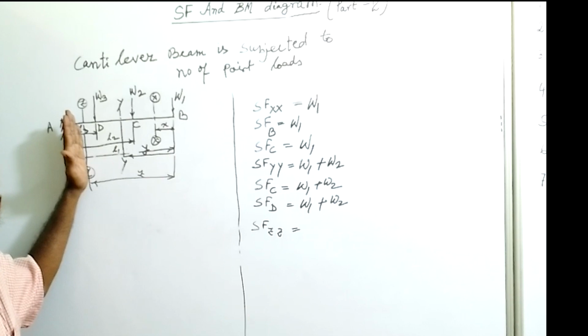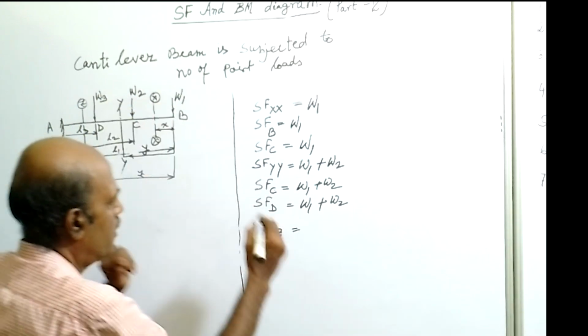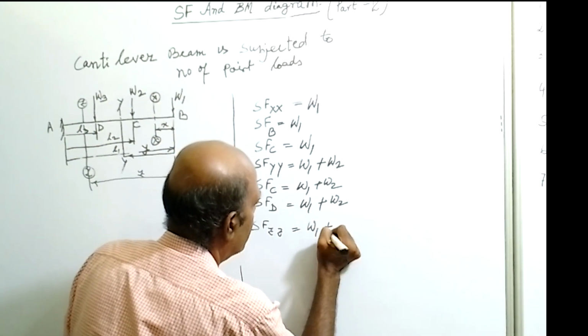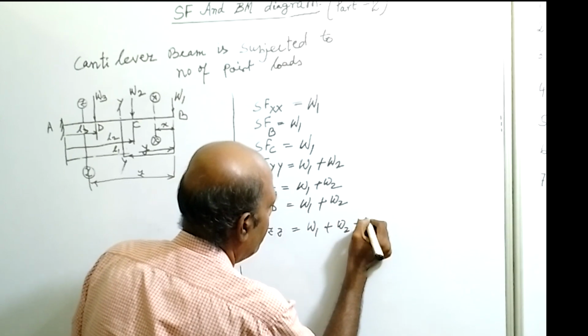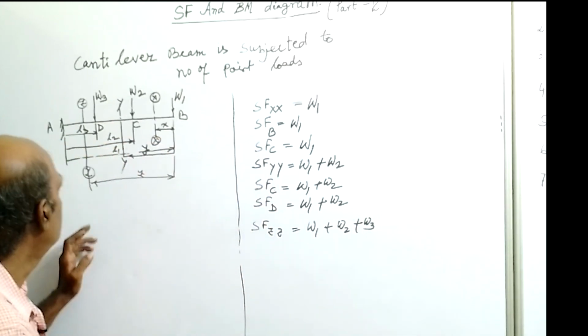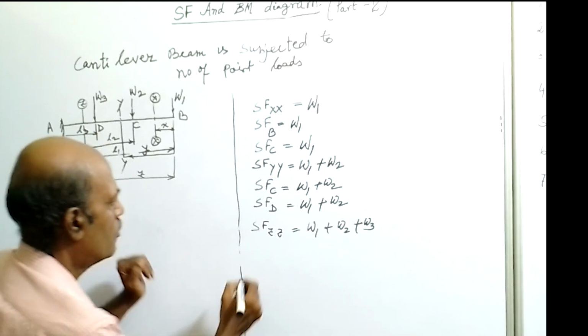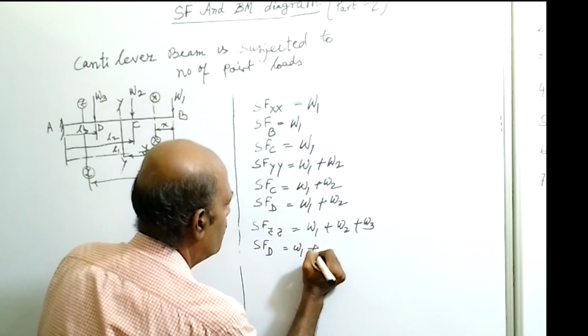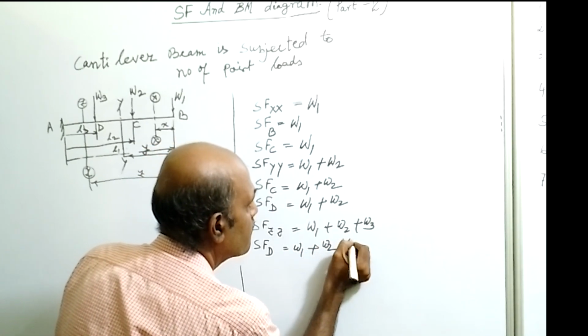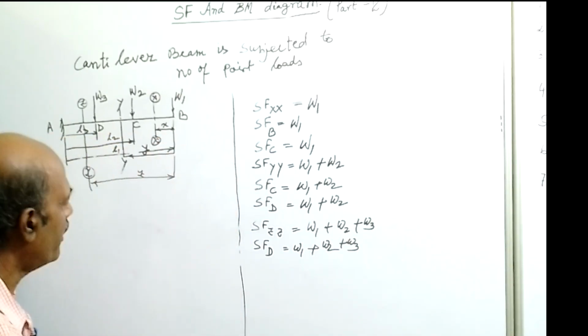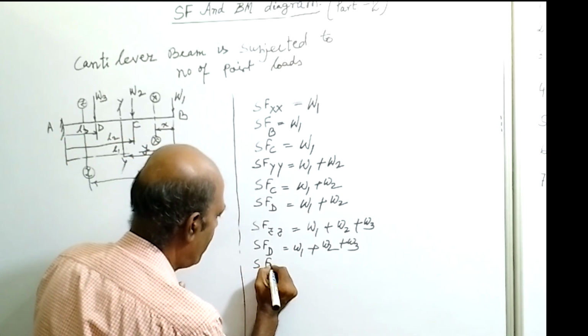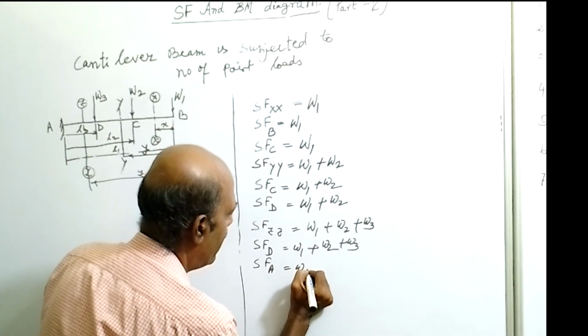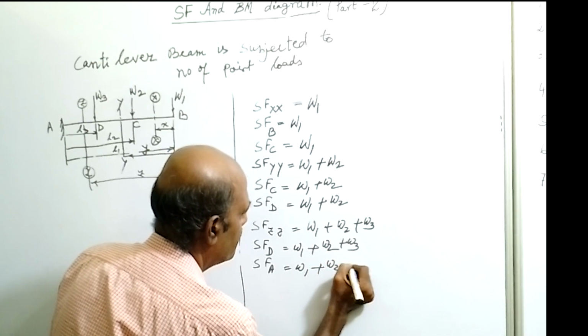It is the algebraic sum of all vertical loads acting to the right side of section ZZ, so that is W1 plus W2 plus W3. Now slide the section to point D. The shear force at point D will be W1 plus W2 plus W3. Now slide the section to point A. The shear force at point A will also be W1 plus W2 plus W3.